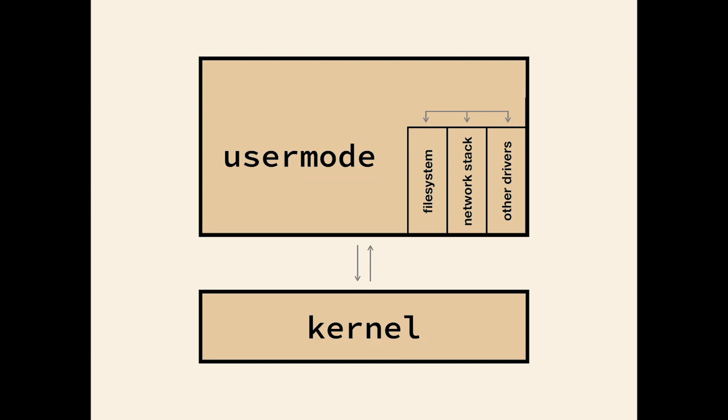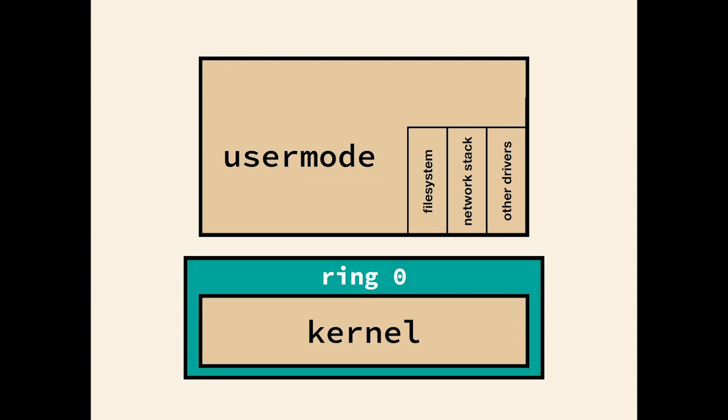They're just normal processes, and they have extra access to hardware or system resources compared to a normal process. But then again, the kernel runs in ring 0, and all the drivers run in user mode. This is great because if a driver crashes, you just restart the process. Like it's great. And you can just swap them in and out.